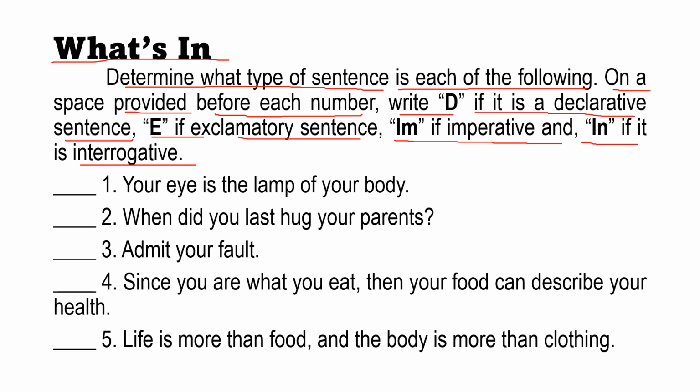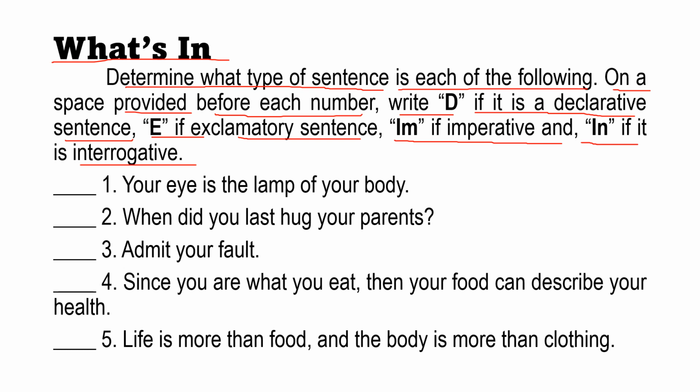There are 5 sentences given here, and you need to determine whether they are declarative, exclamatory, imperative, or interrogative. Before dealing with this activity, let's recall what declarative, exclamatory, imperative, and interrogative sentences are.